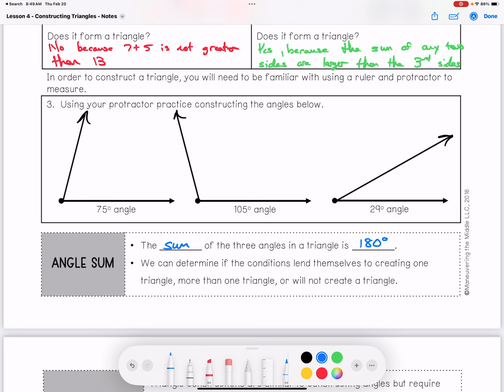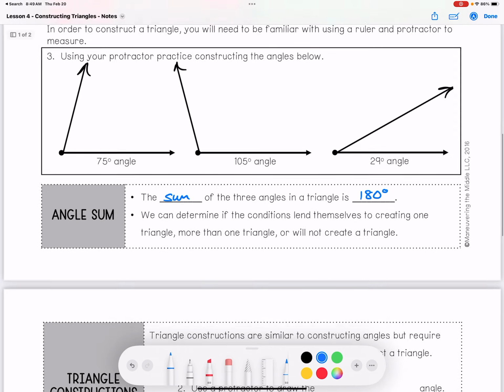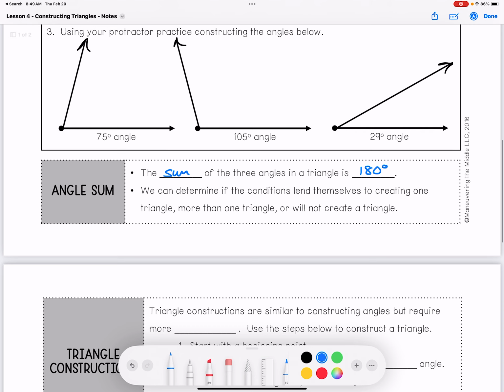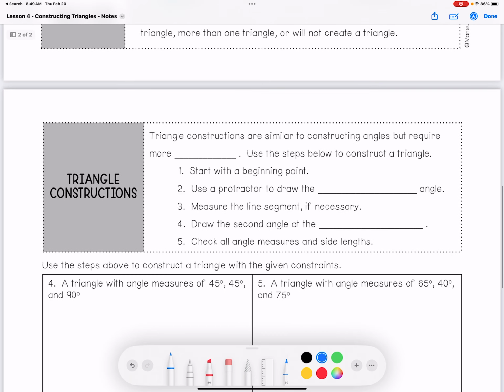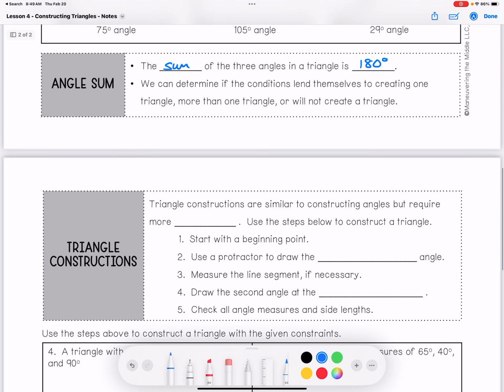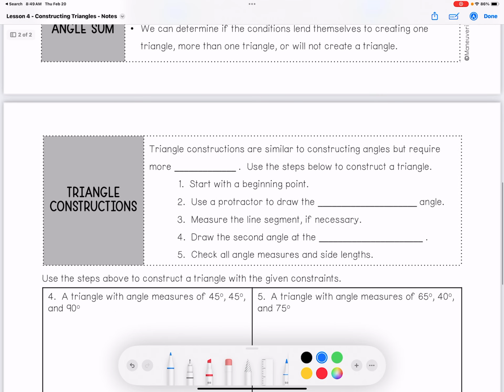Okay? And we know that if it's less than 180, how many triangles does it create? None. Okay? All right.